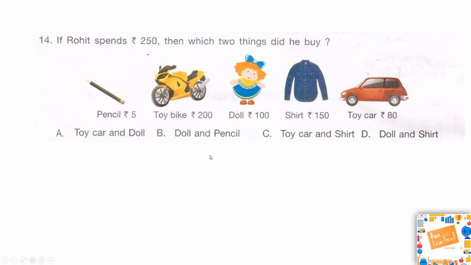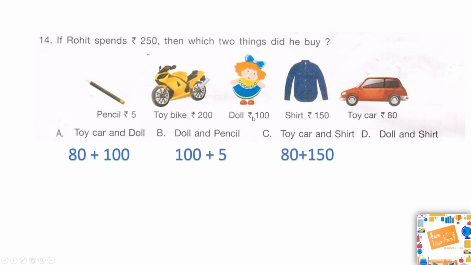Well, let's look at it together. Now if we look at the options here, let's first just write the price of each of the items below them and the addition for the options. For example, option A would be 80 plus 100. So toy car is 80 and doll is 100. Similarly, option B will be 100 plus 5. Option C, the toy car and the shirt will be 80 plus 150.